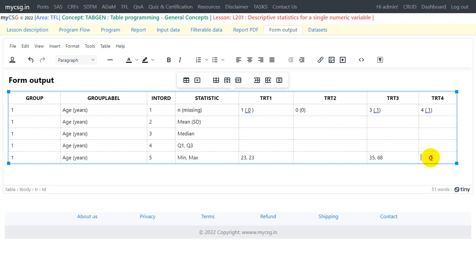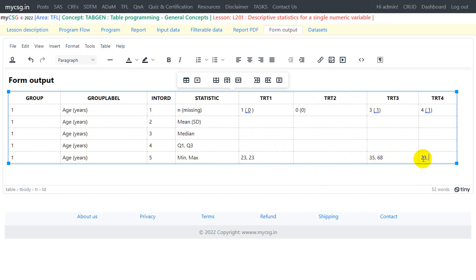And then minimum and maximum. Instead of going to the input data set, what I'm trying to do here is, we have now identified the minimum value across all 3 treatment groups. So the minimum value in the total would be the minimum across these 3 values. What is the minimum across the 3 treatment groups or dose levels? It is 23.